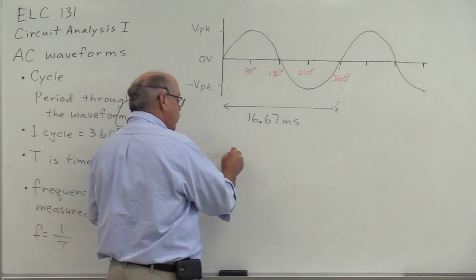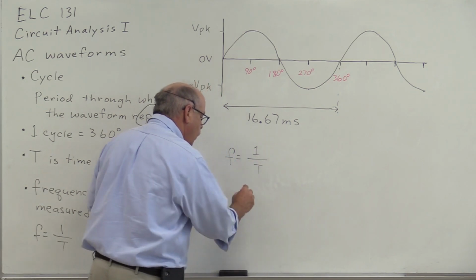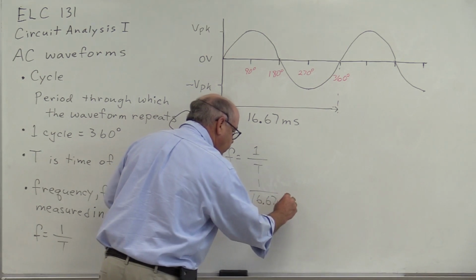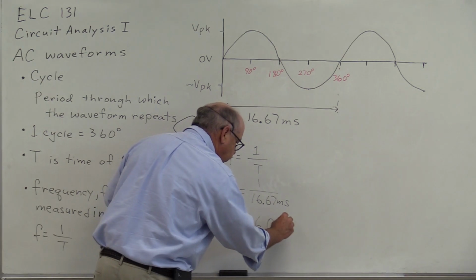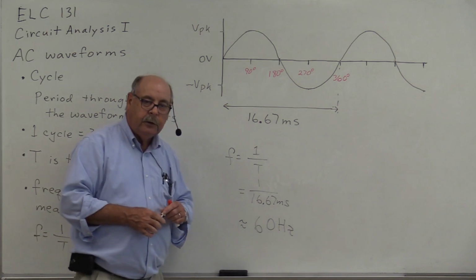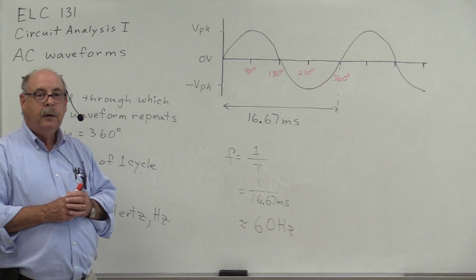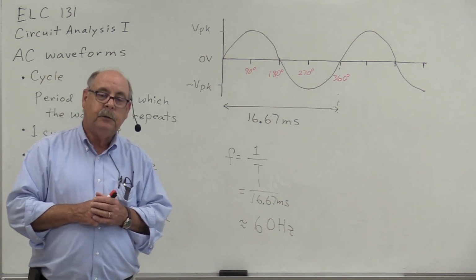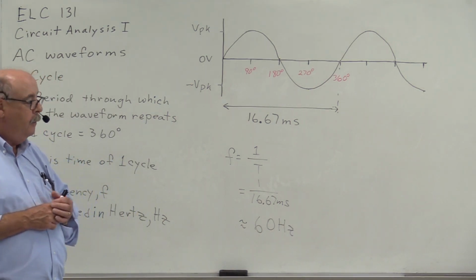Well, frequency is 1 over time. 1 over 16.67 milliseconds gives us approximately 60 hertz. And I picked this value, 60 hertz, because that is the frequency of the AC waveform provided in our homes at the outlets, the receptacles, and supplied to our lighting and appliance circuits.